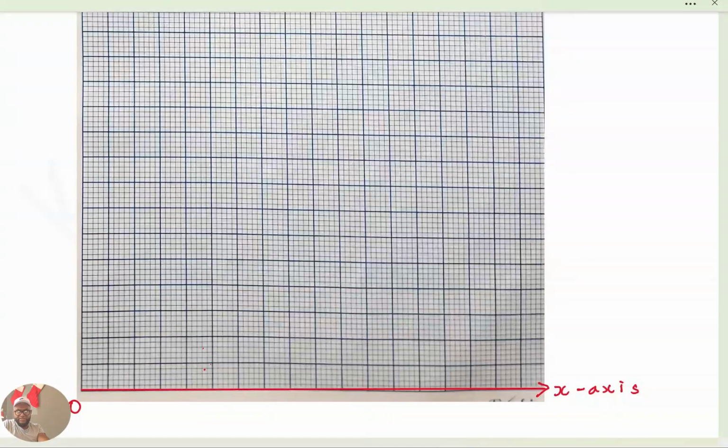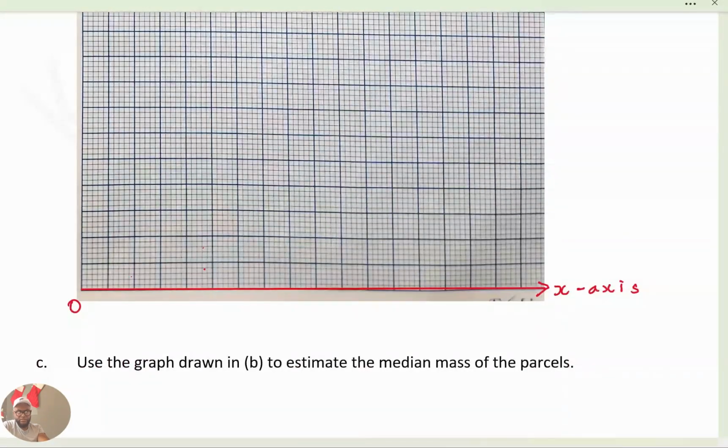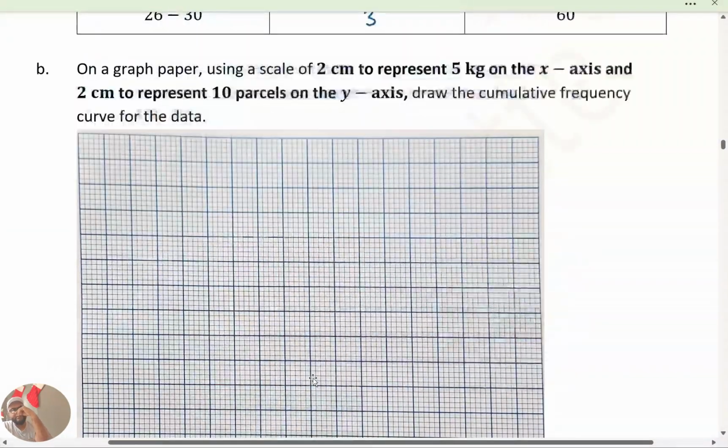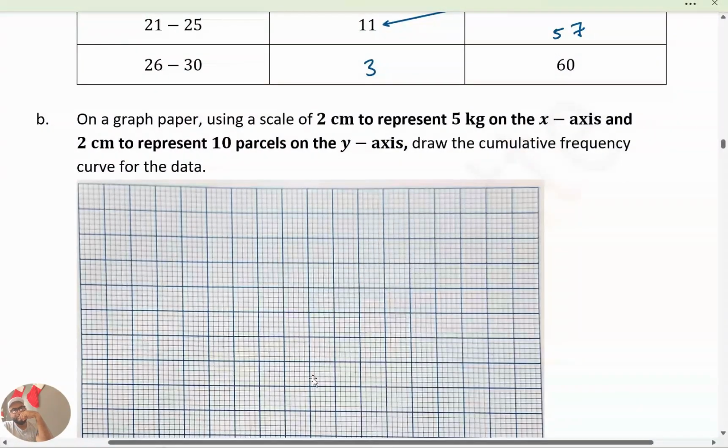All right, so we go 2 centimeters to 5 units. So here will be 5. Here will be 10. Here will be 15. Here would be 20, 25, 30, 35, 40, right?